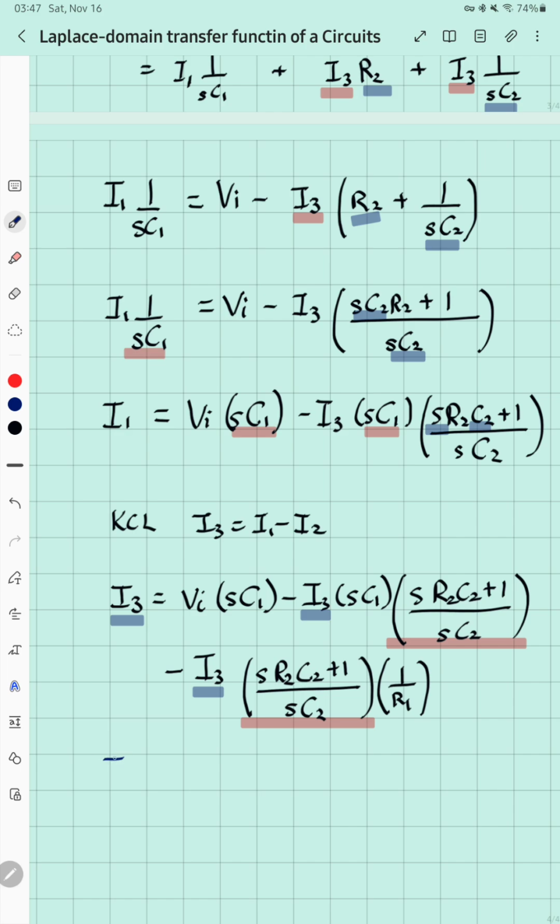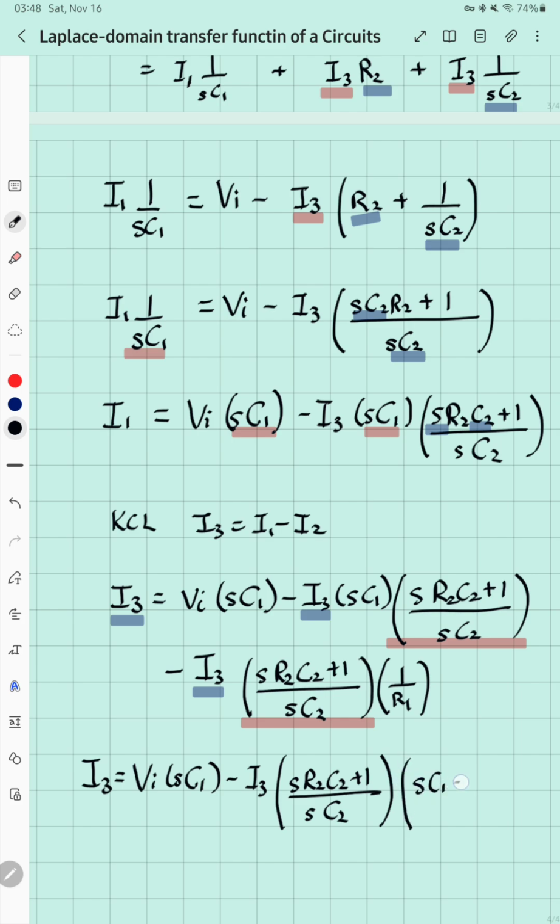So we'll rewrite I3 equal, we'll still leave the capital letter VI as SC1 minus I3, and then we'll get this big bracket SR2C2 plus 1 over SC2, close the bracket, open another bracket, SC1 plus 1 over R1.